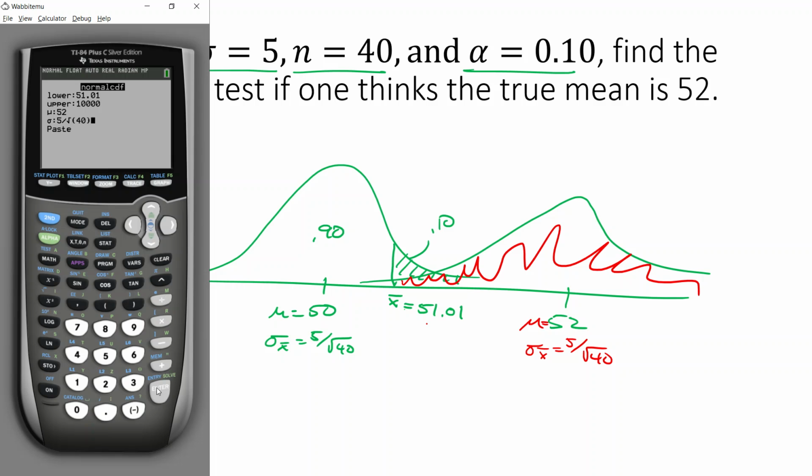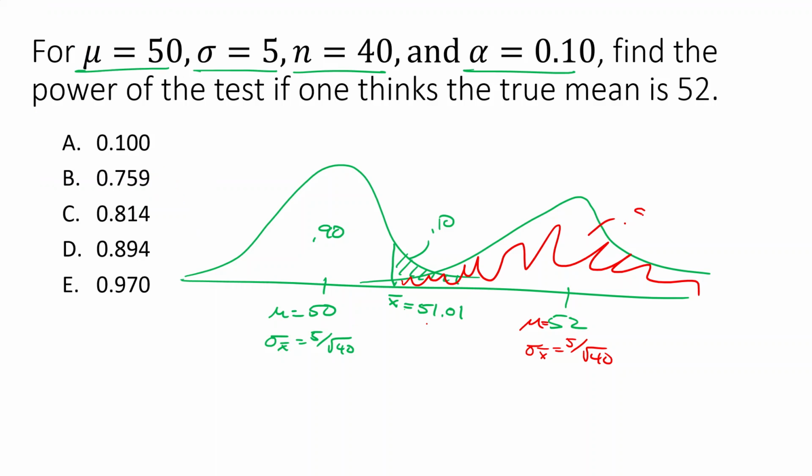By the way, we did all these with mean because I think it's easier for you to picture mean. We could have just as well done all these with proportions too. So we get that this area is 0.8947 and so on. So it looks like there it is.